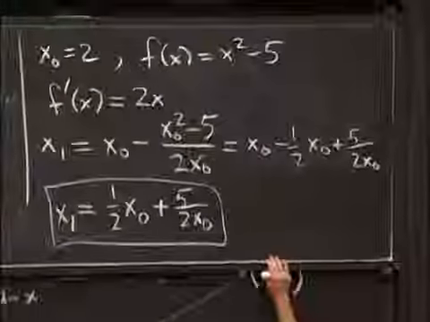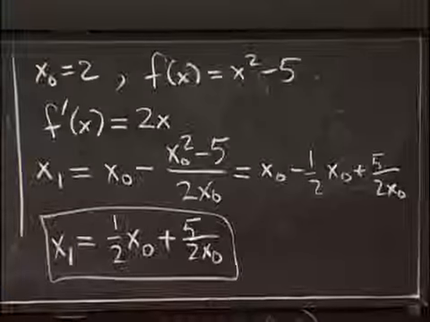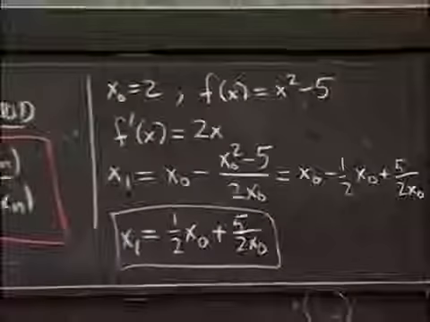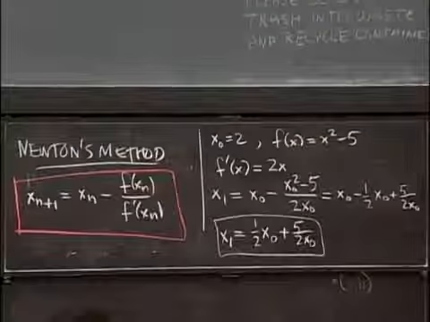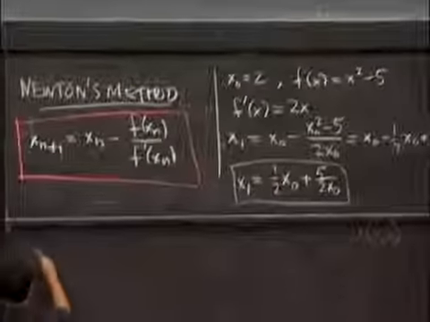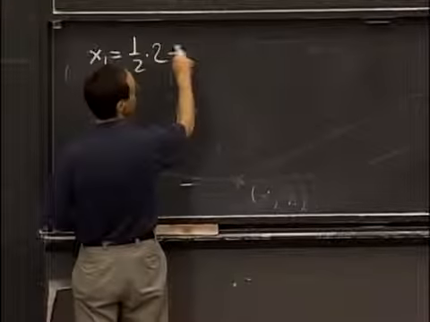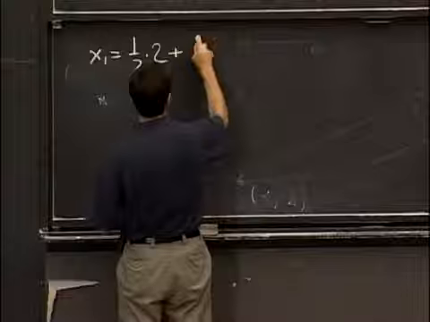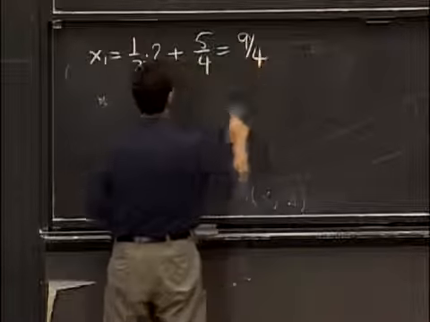All right, so now I'd like to show you how well this works. So first of all, we have x1 is a half times 2, if I plug in x0, plus 5 fourths, which is 9 fourths.